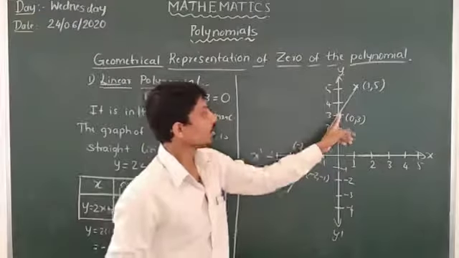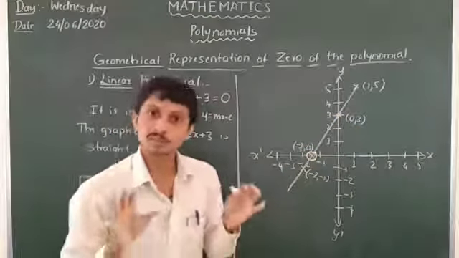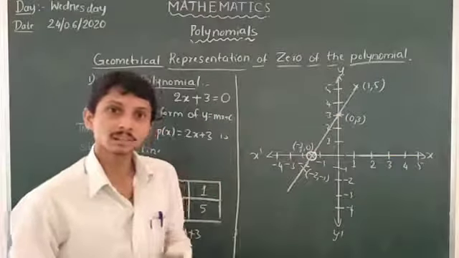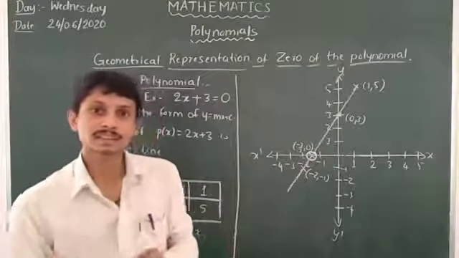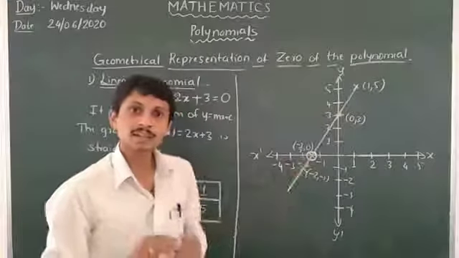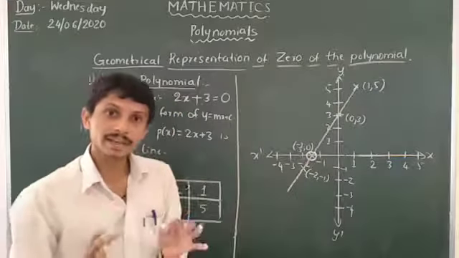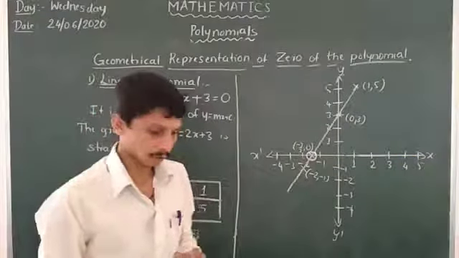Here it also touches the x-axis, but we are not concerned with the y-axis. We are just taking the intersection with the x-axis. That means the line cuts or intersects the x-axis at one point, and that is the 0 of the polynomial.